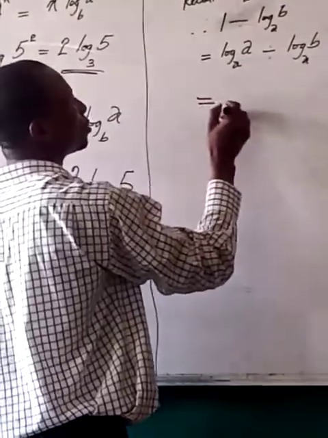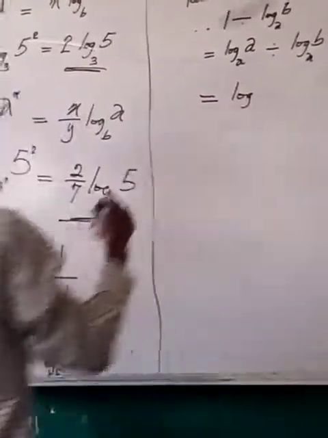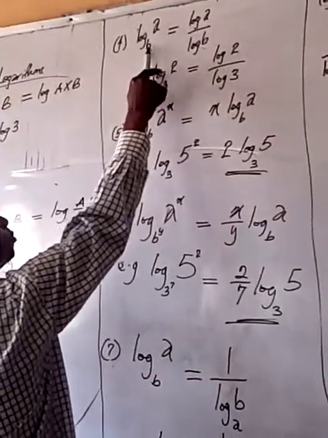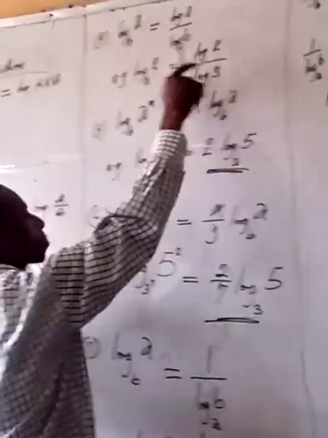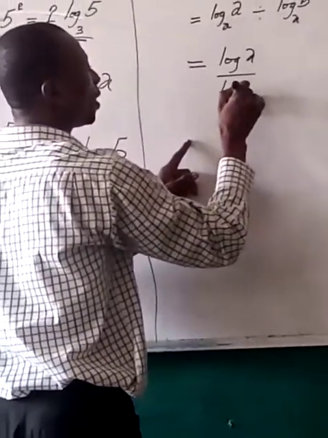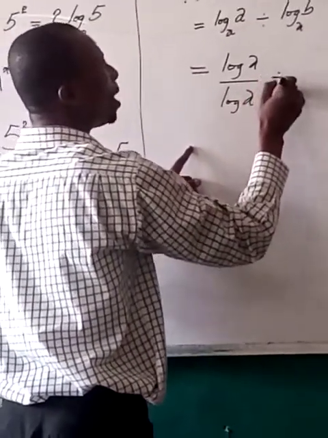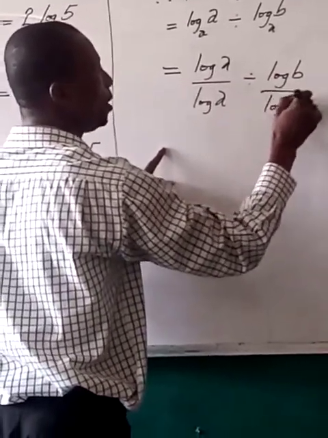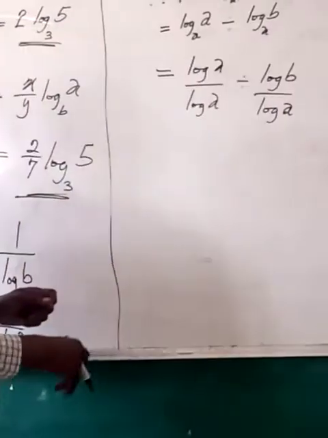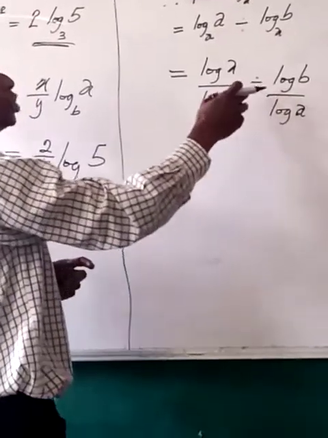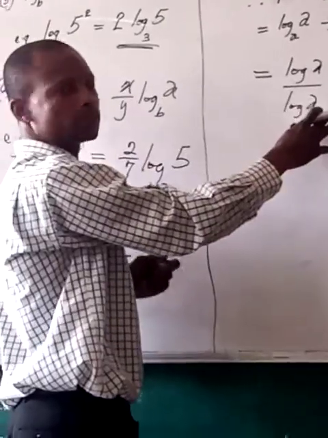And this will give us, from the law that we have actually stated in terms of law 4, if you have log A base B, it can become log A over log B. So we can say this can also be log A over log A divided by log B over log A. And according to the simplification rule, if we have a division, to change it to multiplication, we reciprocate.